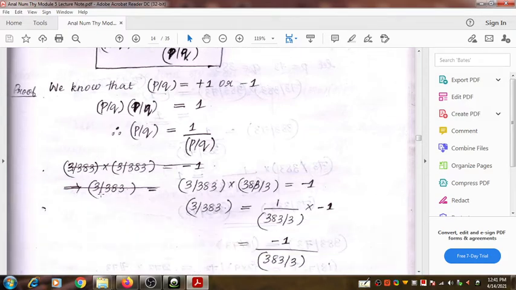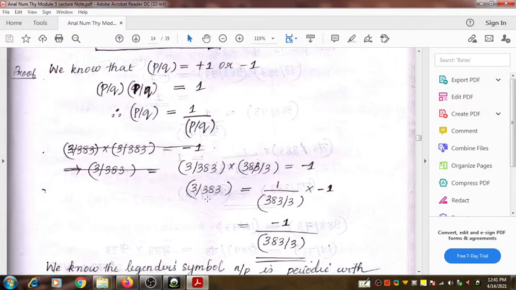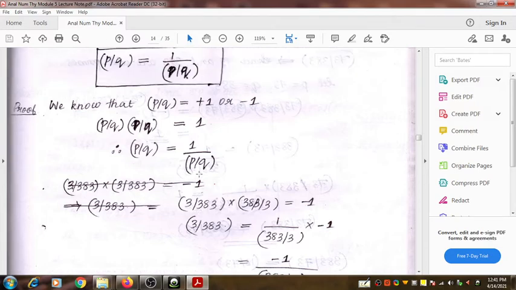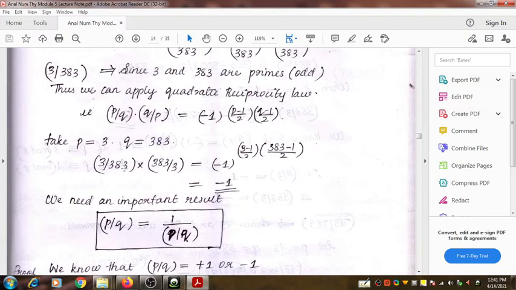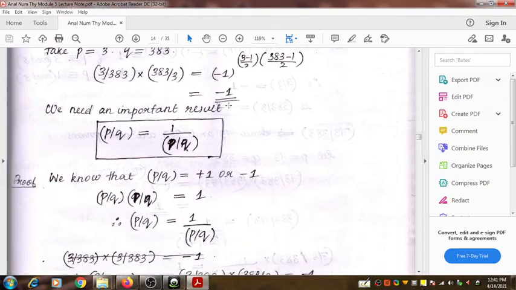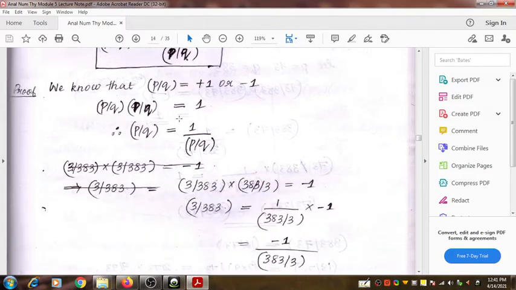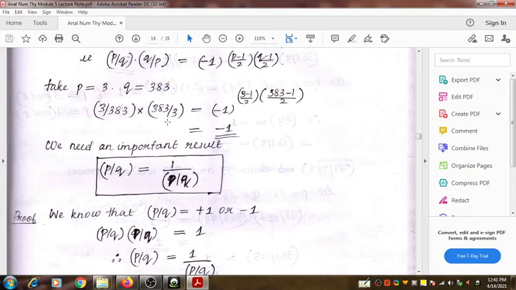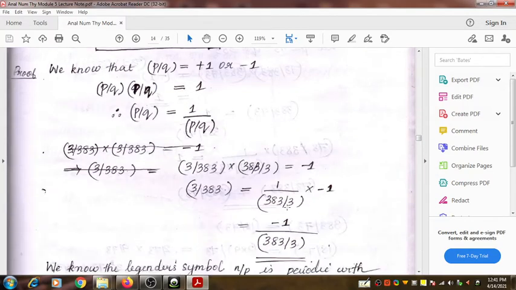We have established that (3 bar 383) into (383 bar 3) equals minus 1, and therefore (3 bar 383) equals minus 1 divided by (383 bar 3).